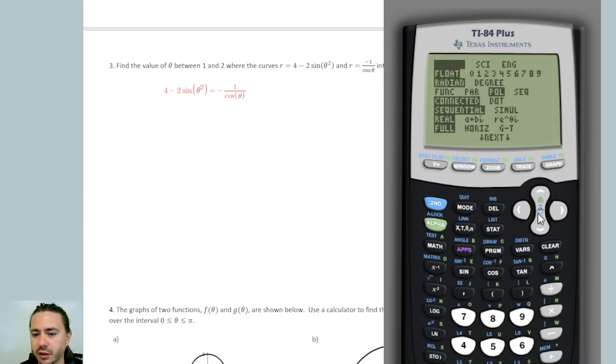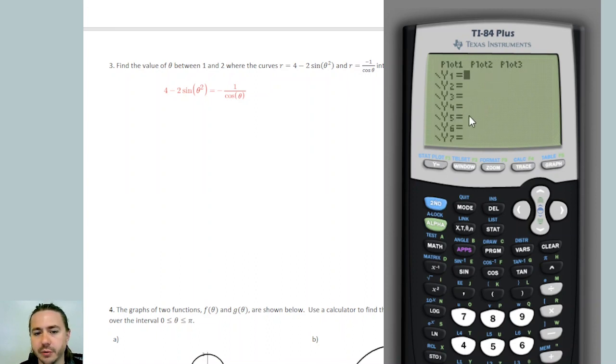So let's go back to function mode, where if we type in the y equals button, we can type in rectangular equations. And what I'm going to do is actually type in the equations here, which is going to be a little weird, but this will actually work. Let me spell out the steps here so that when you're looking back at this, you can see what we need to do.